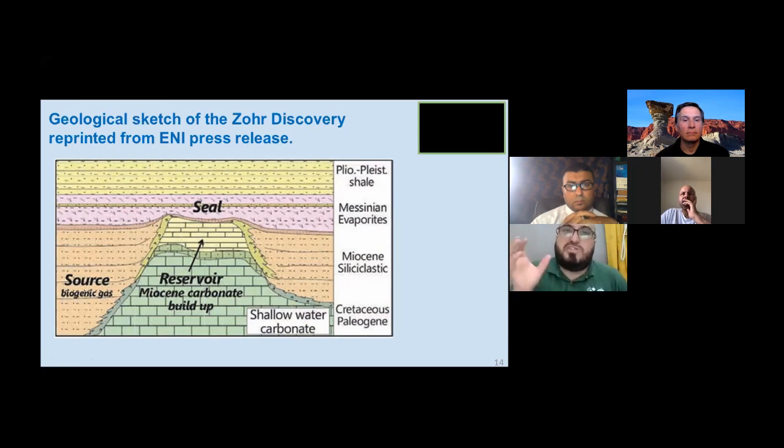It is a very good seal for hydrocarbon reservoirs. And you see here the Miocene carbonate buildup reservoir.